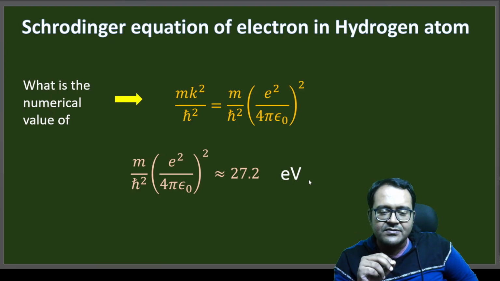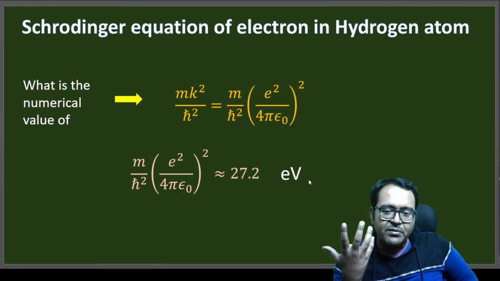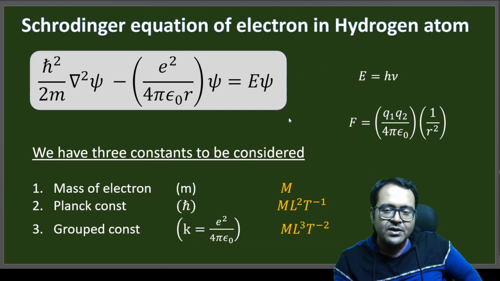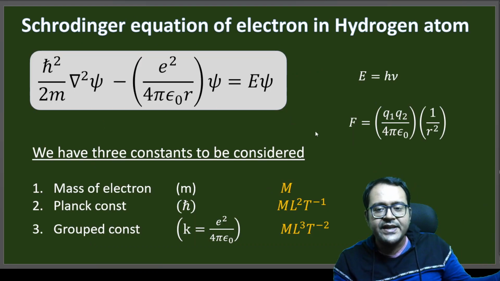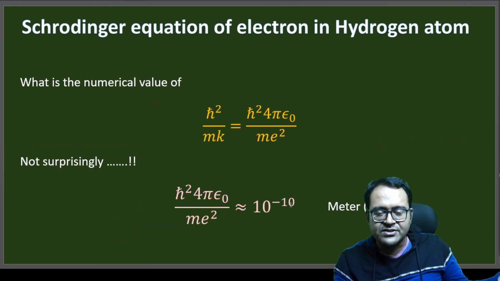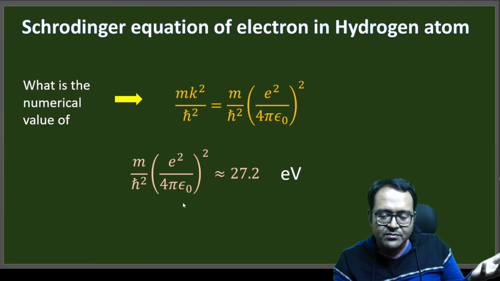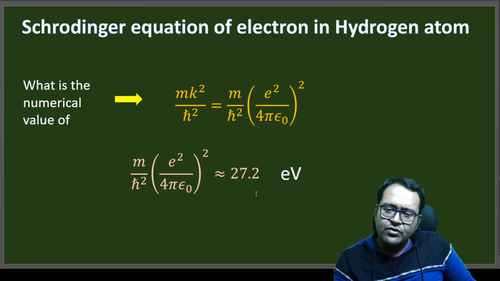Just a dimensional consideration gives you 27.2 electron volt. So whenever you have this equation, you know that you are looking to find some radius of the order of 10 to the power minus 10 meter, and some energy near 27.2 electron volt, accurate within a factor of order 10.